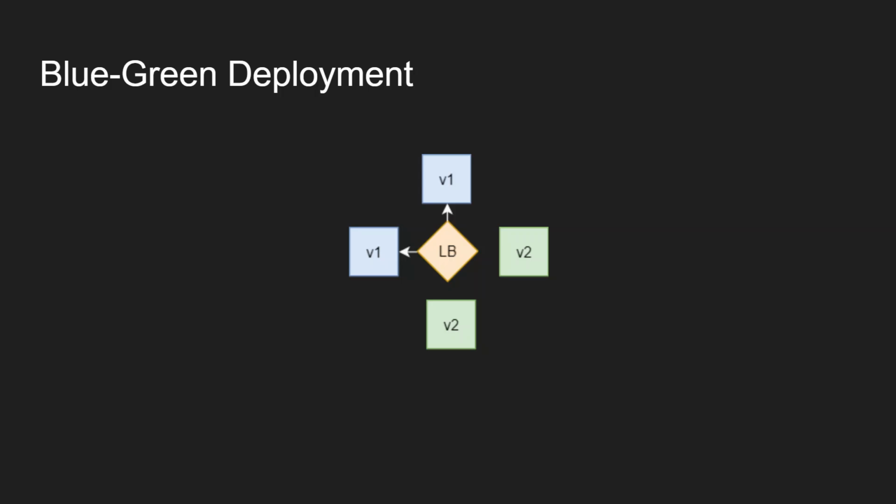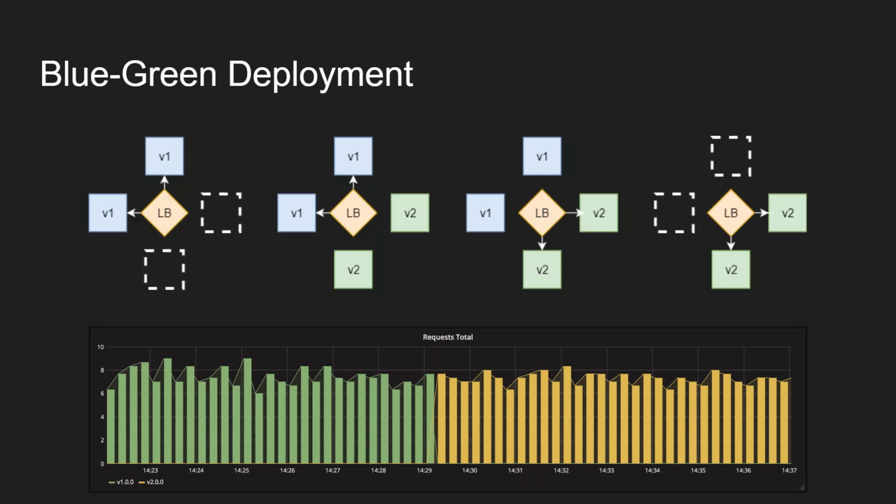If everything is fine, you start this switch, and then eventually you destroy the old application. So it depends a lot on the load balancer, where you are pointing, and on the services, how you register the service.